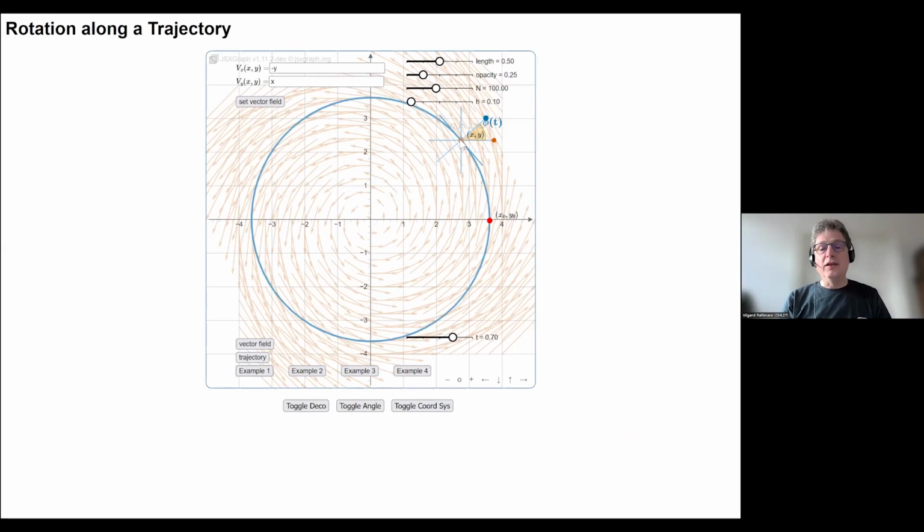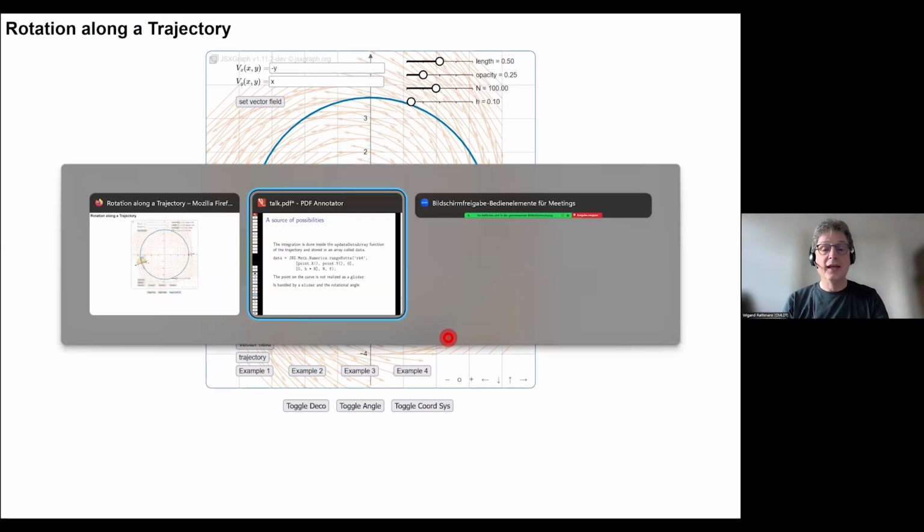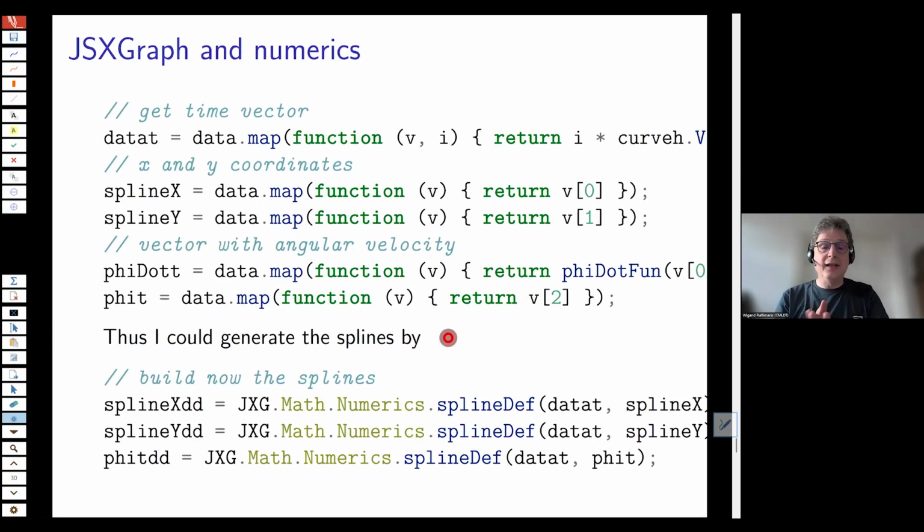But what I have done: this point here is not implemented as a glider. It is implemented depending on the parameter t from the slider. But what does it mean? I have to evaluate for the x and y coordinate the slider, so I need functions. But even here, we have a lot of nice helper functions. This I do in several steps.